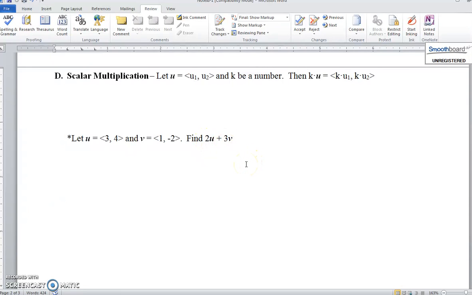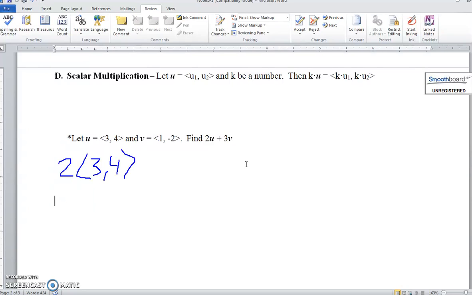I can write a lot of stuff out here, but basically I would have a 2 times 3, 4 plus a 3 times the vector 1 comma negative 2. And basically just think of distributing that 2 and distributing the 3.